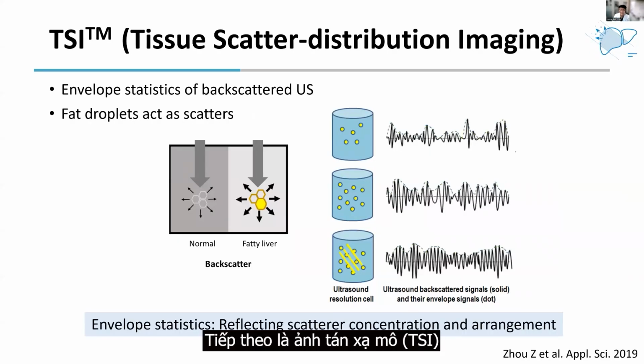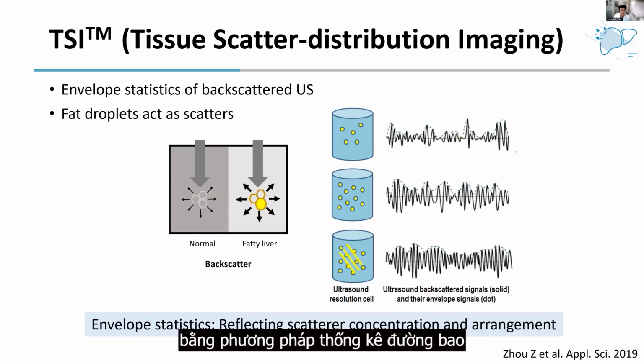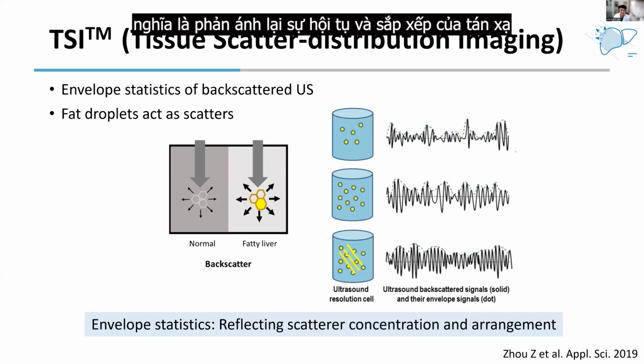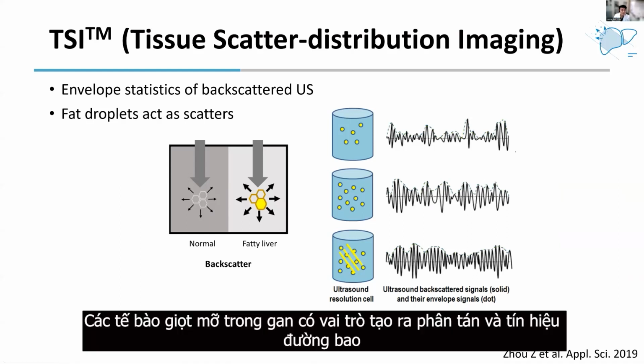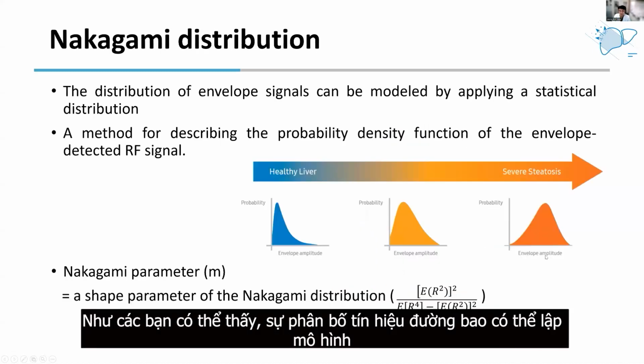Second, tissue scatter distribution imaging, TSI. TSI is a tool that quantifies the backscattered ultrasound signal distribution using envelope statistics, which can reflect backscatter concentration and arrangement. In the liver tissue, fat droplet can act as scatterers, and the shape of their envelope signals appear different according to the concentration and arrangement of these fat droplets, as you can see here.